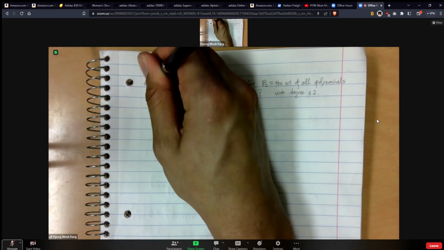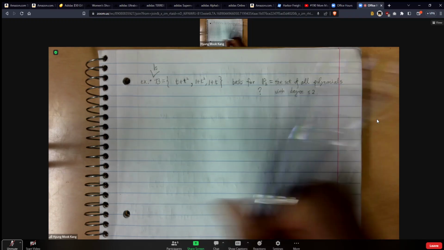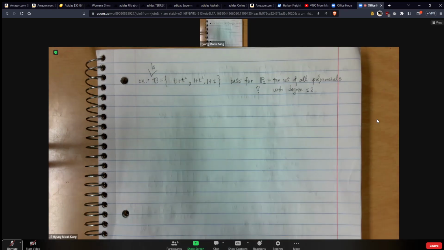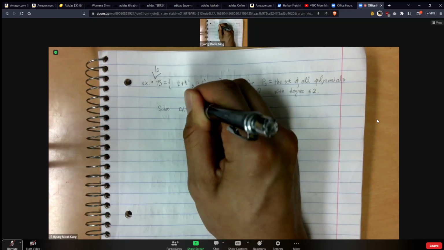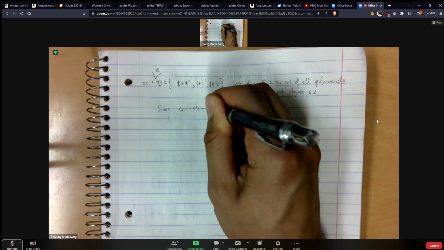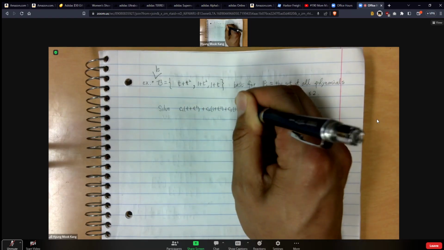The definition of linear independence is that any linear combination of these that gives the zero vector only has zero coefficients. So we have to solve c1 times (t plus t squared) plus c2 times (1 plus t squared) plus c3 times (1 plus t) equals 0.